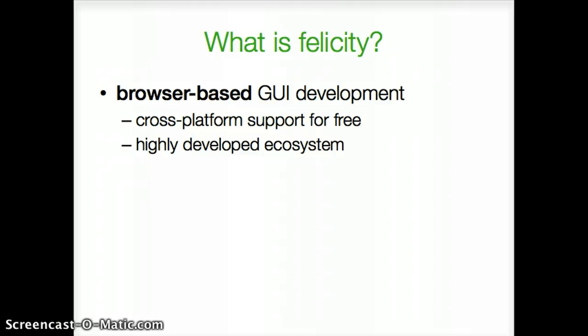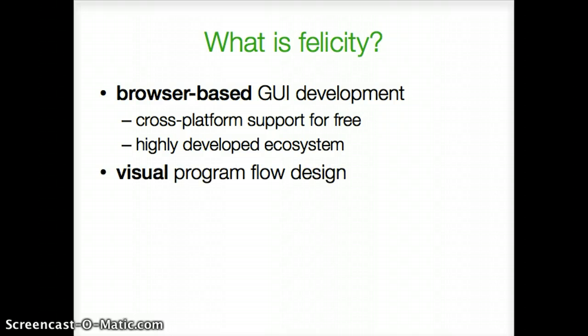Felicity is a browser-based GUI, so the browser is responsible for the cross-platform support. You can get mobile support for free, and it uses a lot of standard web technologies. It provides a visual interface, so it's easier to visualize program flow.